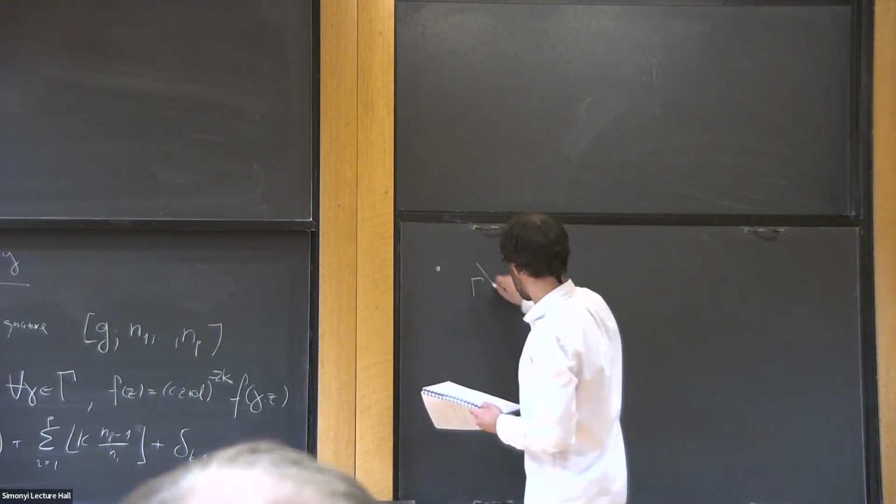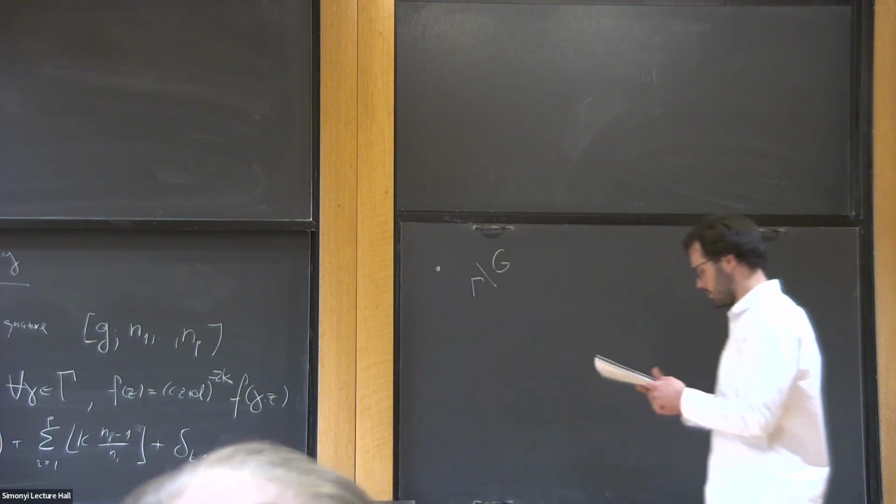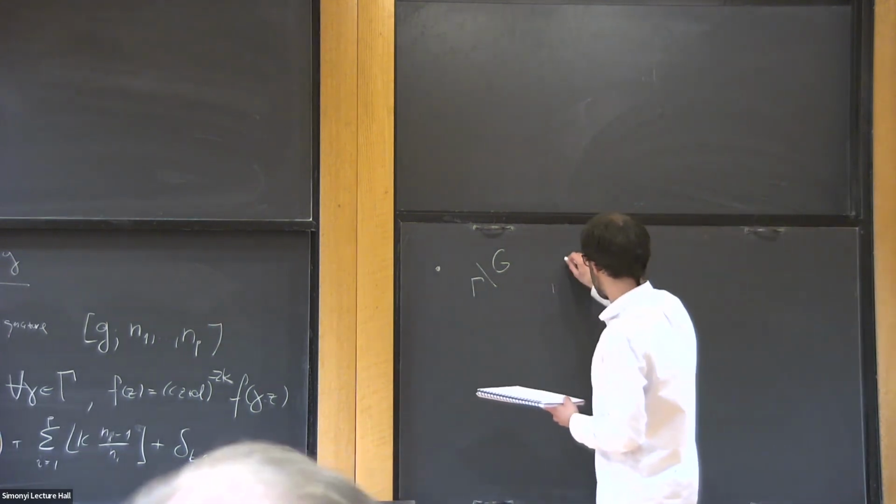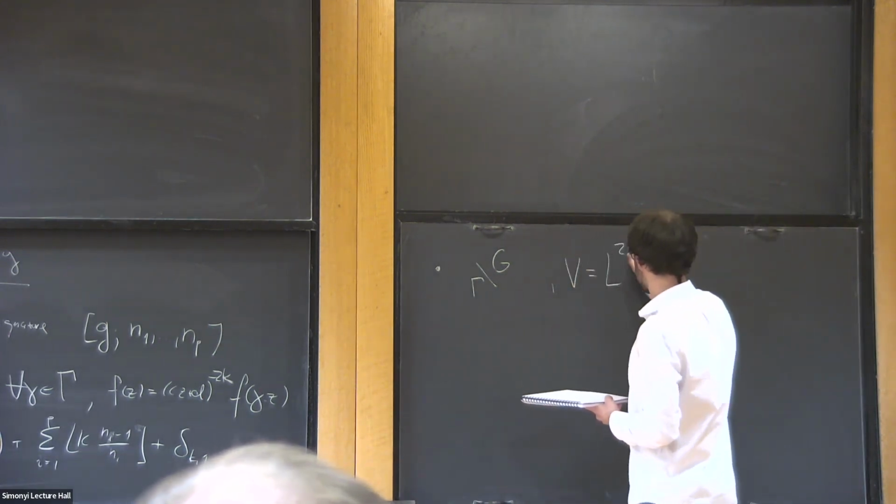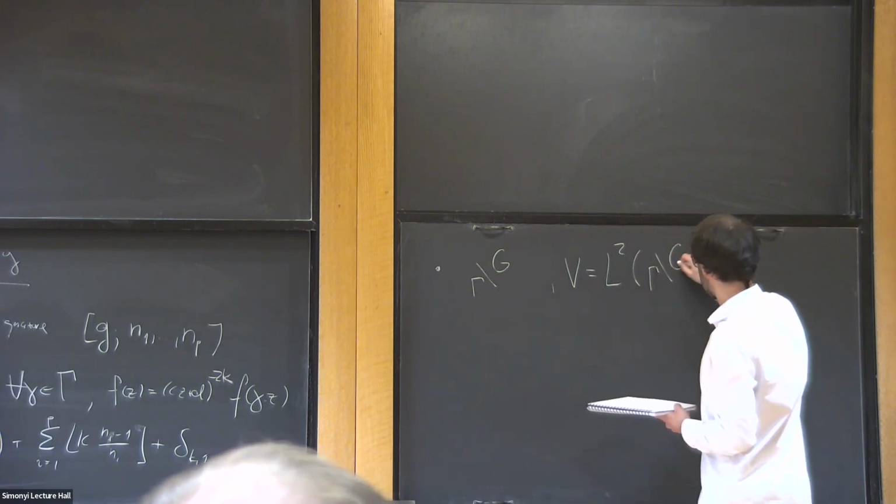The basic idea is to work with this space, G mod gamma, and you have a Hilbert space, which is the space of L2 functions on G mod gamma.